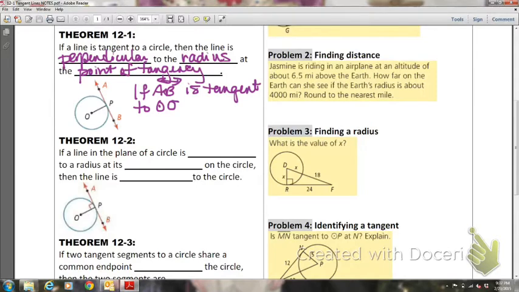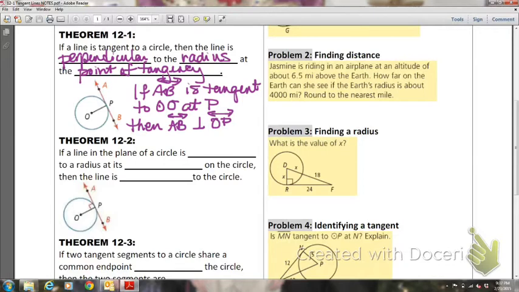So if line AB is tangent to circle O at point P, then line AB has to be perpendicular to line OP, because line OP is the line that contains the radius of the circle.